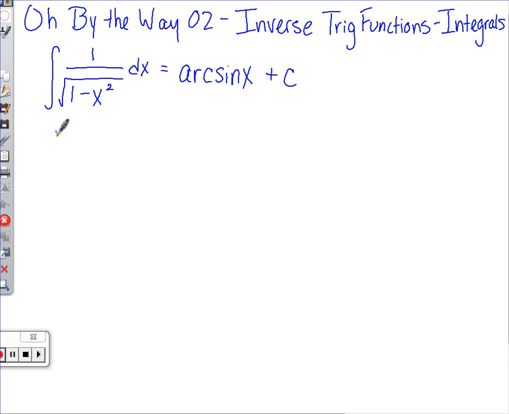Because if I have a negative here, there's no need for me to then say, well, that's arc cosine. I'm just going to say that's negative arc sine. Right? So we only ever use this one here.